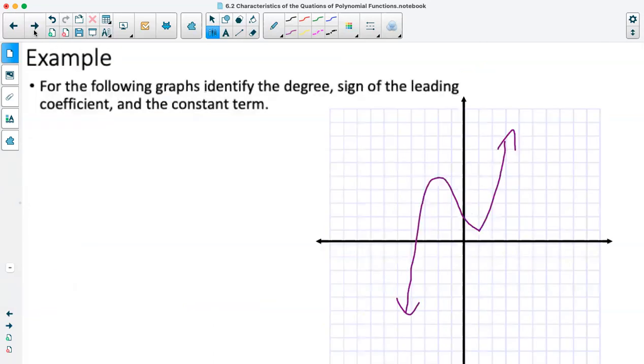Okay, for the following graphs, identify the degree, sign of our leading coefficient, and the constant term. So we can see this has two places where it turns around. So our degree is one higher than that.